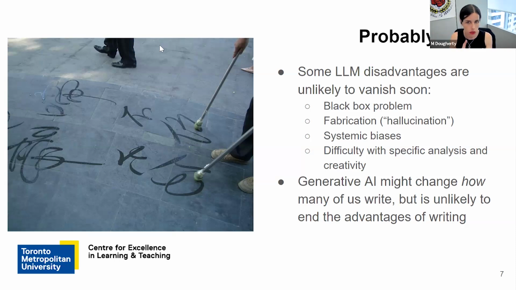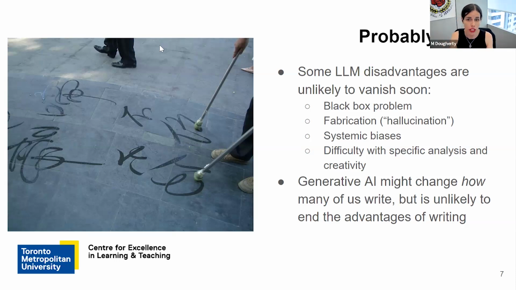It tends to fabricate facts. This is called hallucination by people in the field, though I prefer to simply say it's fabricating or it's lying. And it can be very difficult to weed out those false facts or to prevent the LLMs from producing falsehoods in the first place. LLMs have systemic biases. They're built into the training data.